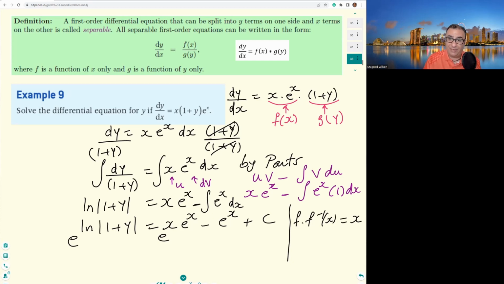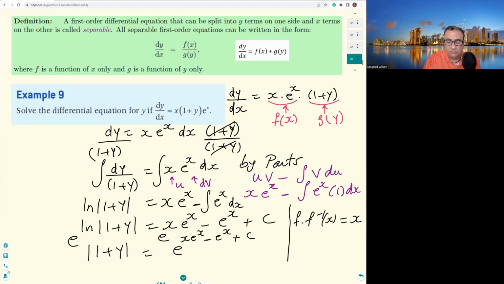So e to the power of ln of 1 plus y is 1 plus y. So 1 plus y, absolute value if you like, is going to be e to the power of all of this, so e to the power of x e to the power of x minus e to the power of x plus c.